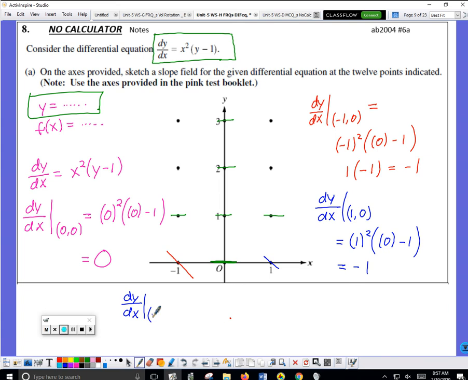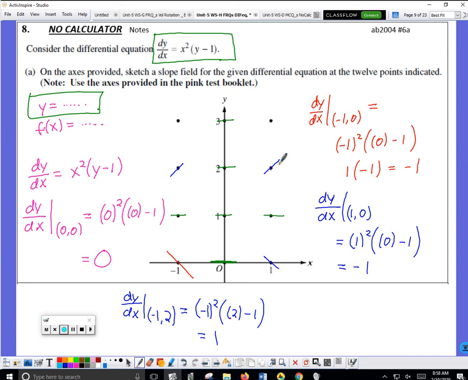I'm simply showing work so that you can understand what I'm doing. You can do all the work in your head. So this would be negative 1 squared, 2 subtract 1. So that slope's going to be just 1. So that means here I do a line like this, like this.